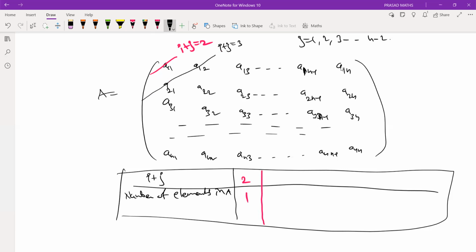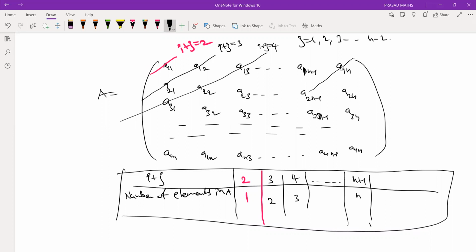How many? 2. Next, the number of elements whose sum of suffixes is 4: 3. Going on, the number of elements whose sum of suffixes is n plus 1: n. Next, the number of elements whose sum of suffixes is n plus 2: n minus 1, only, right?